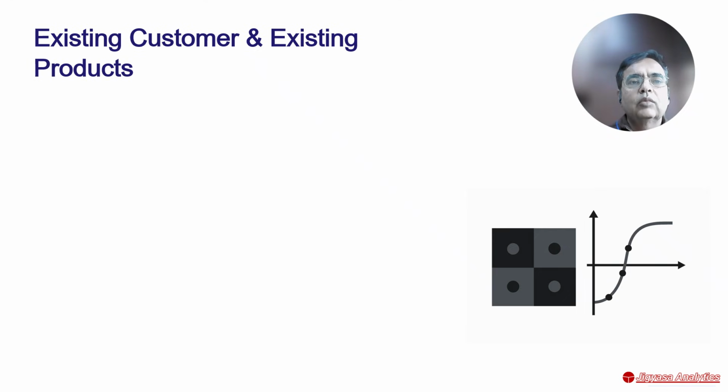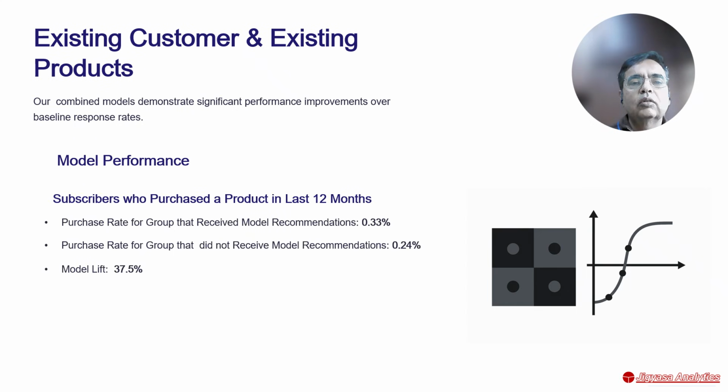So let us first discuss the results we obtained for existing customers and existing products. In general, we saw big improvement when we applied the model. So for subscribers who had purchased in the past year, in this case that would mean in 2022, we saw a model lift of 37.5% because the purchase rate improved from 0.24% to 0.33%.